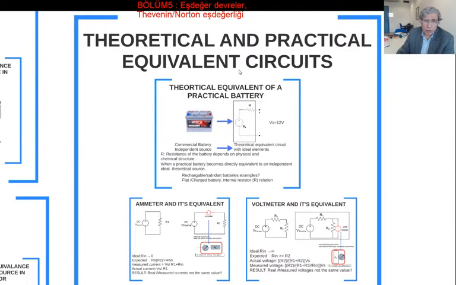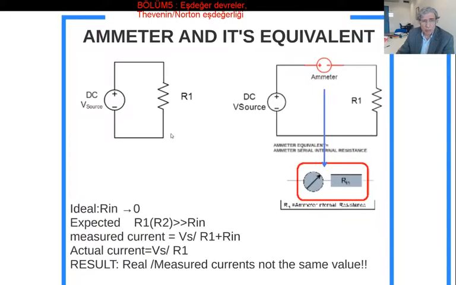So this is one explanation of the practical equipment and the ideal theoretical equivalent of it. There are some other examples that we could give. For example, an ammeter, which measures the current of an element. What is the equivalent of this equipment? Here is the ammeter's equivalent circuit.